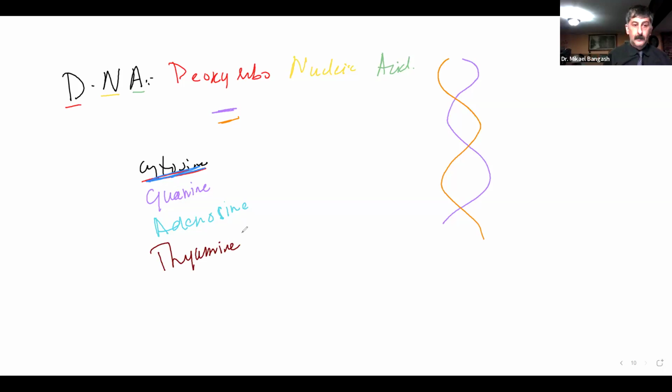These were our 4 proteins that will make DNA.